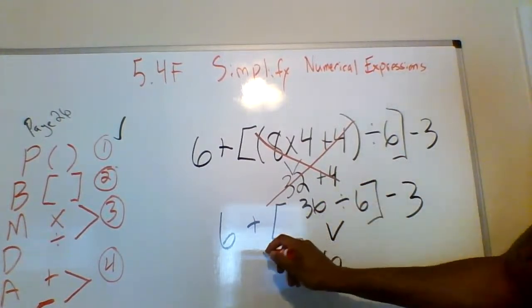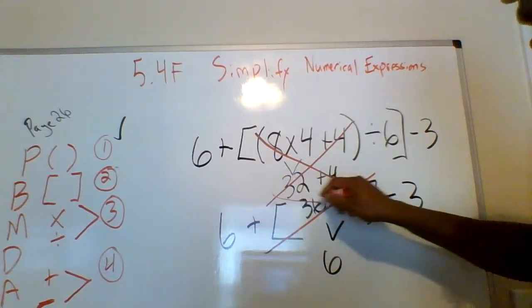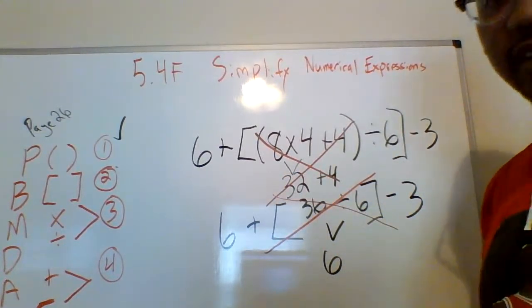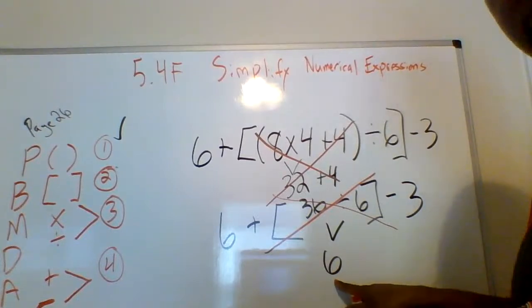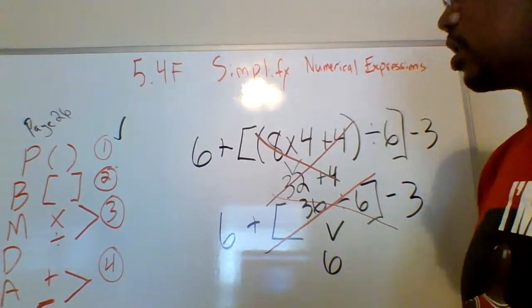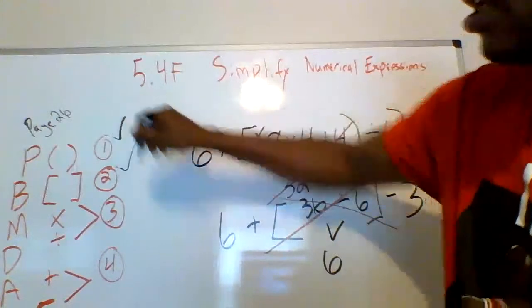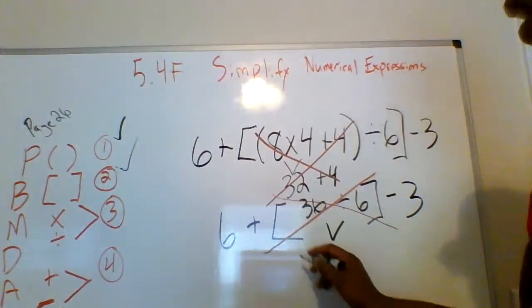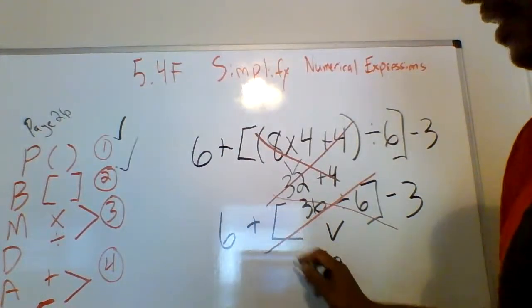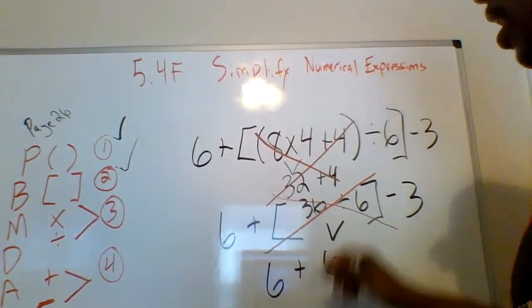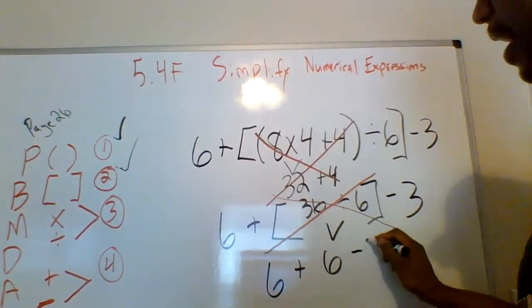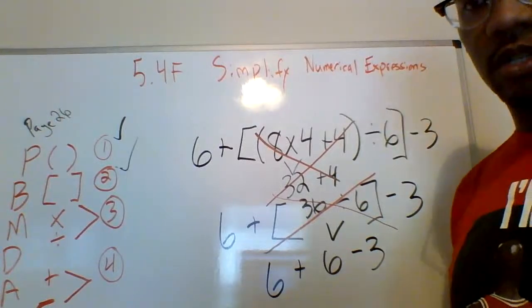Which means I can cross out the brackets, because the answer to the brackets is 6. Good. Now in front of the brackets, I see plus 6 over here. And behind the brackets, I see minus 3.